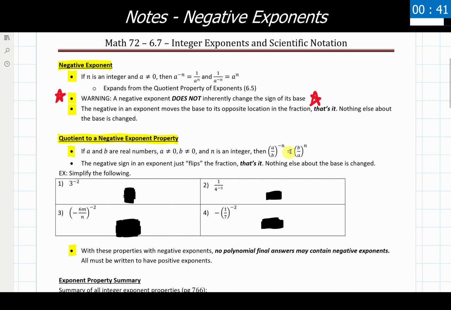The entire denominator becomes the numerator. It all stays contained within a set of parentheses, and the negative sign on the exponent vanishes. So the negative sign in the exponent just, quote-unquote, flips the fraction. That's it. It does nothing else to the base. Again, a lot of people want to say it flips the fraction and it flips the sign of the thing. It just flips the fraction. So let's take a look at 4 examples here and see how this will play out and how we apply these two properties.